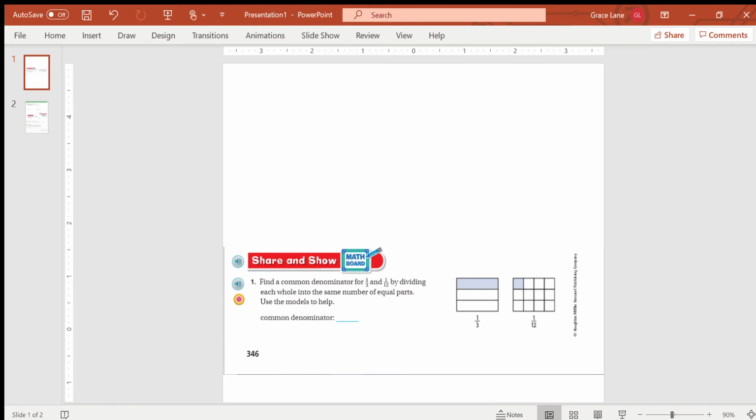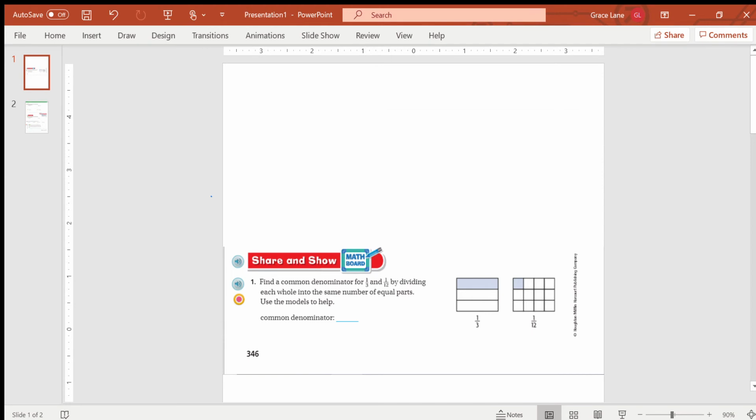Okay, so once you're on page 346, remember that a common denominator just means we're looking for a common multiple that two denominators have in common. So remember, multiples mean, let me grab my pen.